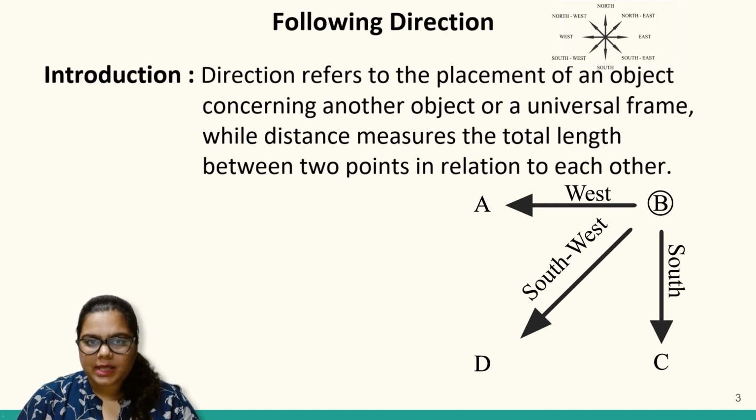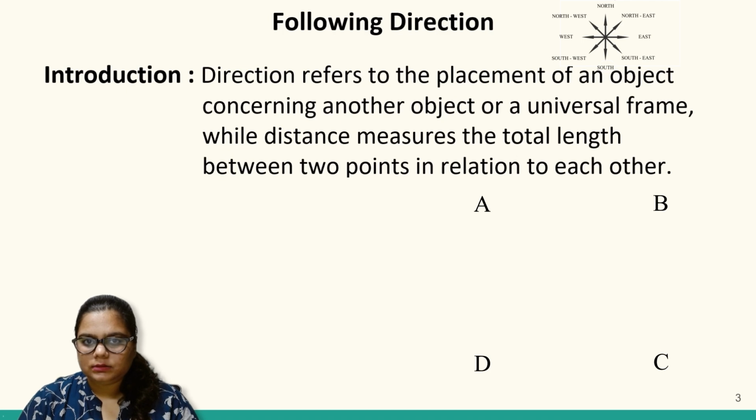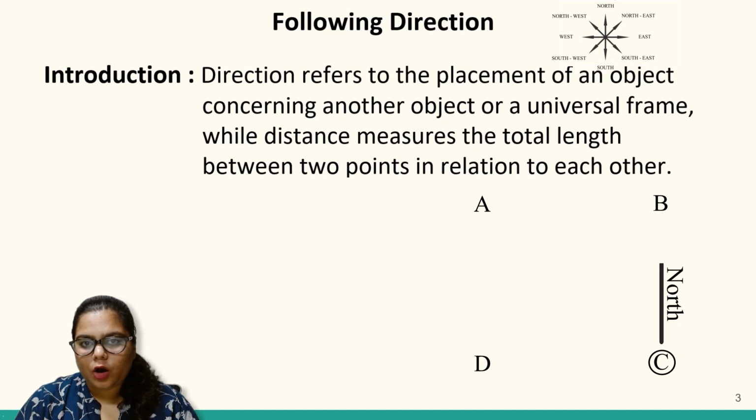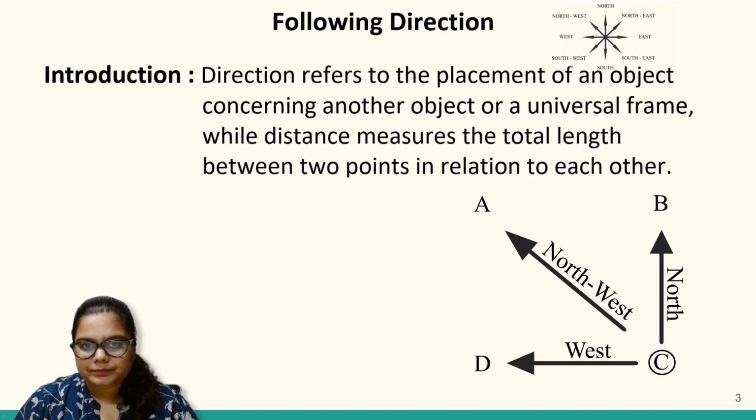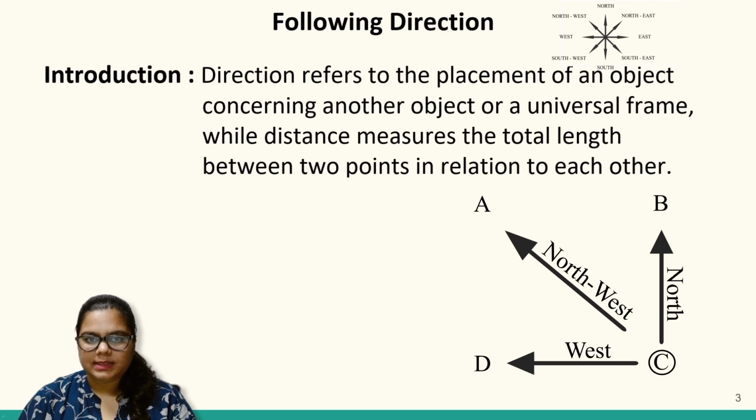Now let us do the same thing with respect to C. With respect to C, B will be to the north of C because it is above C, right? D will be to the west of C. Similarly, A will be to the northwest of C. This is with respect to C.